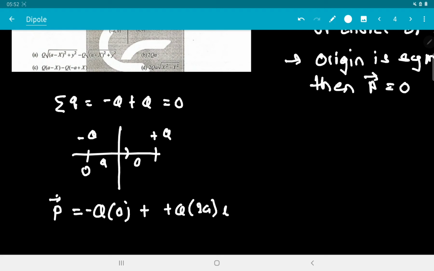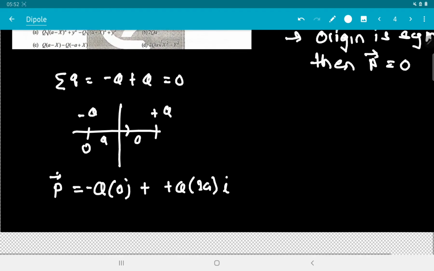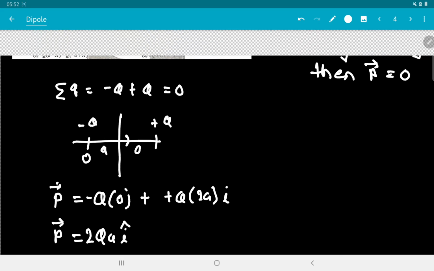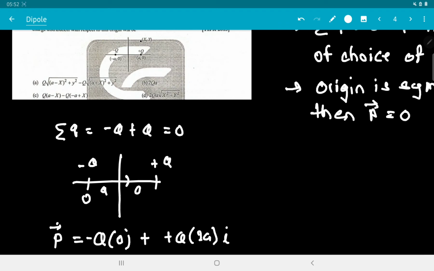It is in, let us say, i cap direction, so we will get the net dipole moment as 2qa i cap. This will be the net dipole moment that is given in choice number B.